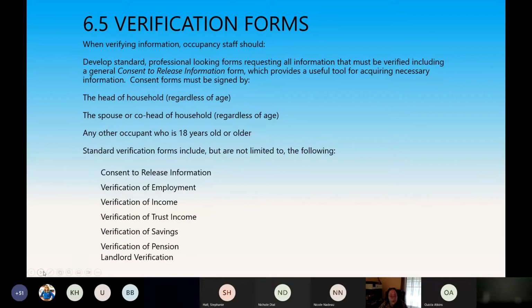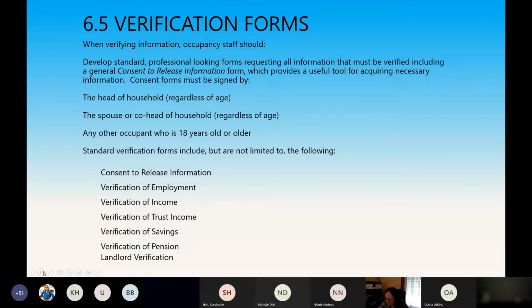Verification forms. When verifying information, your staff should develop standard professional looking forms. There's always somebody in your office that you should be sending your stuff through, to make sure that when you start typing and get tired, something happens, someone looks at it to make sure it is looking good coming out of your office.